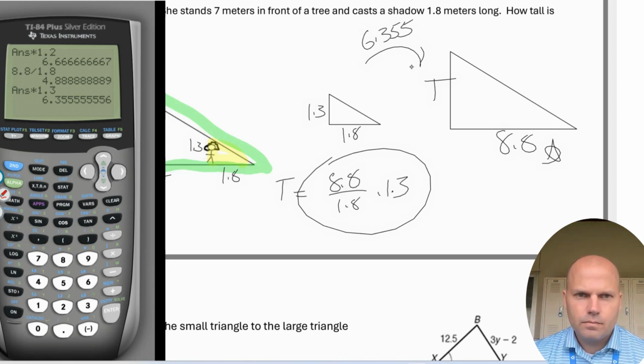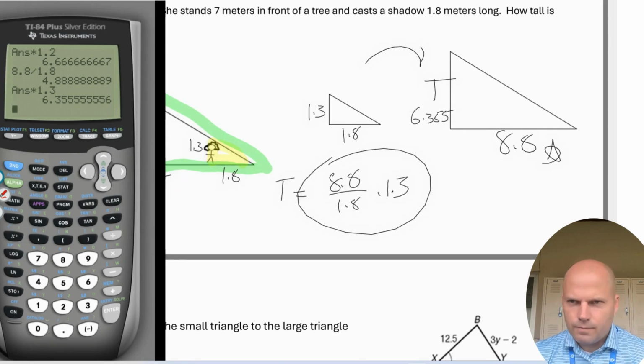That is T. I forgot to write that the scale factor is 4.888. Okay, that is how many times bigger this triangle is to this triangle.